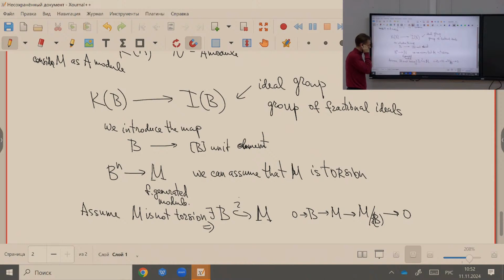So we can pass to this quotient. In K-theory, of course, you will have the relation, but from the viewpoint of the image of this map, which is called chi of B, the image will be the same.